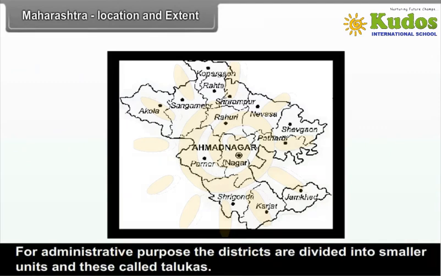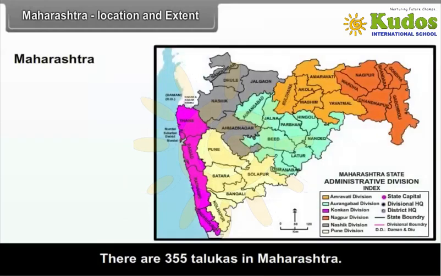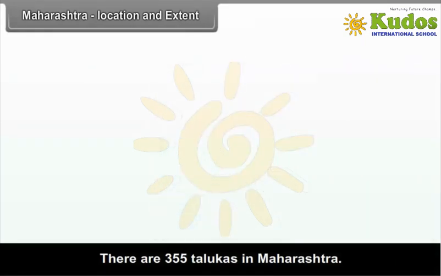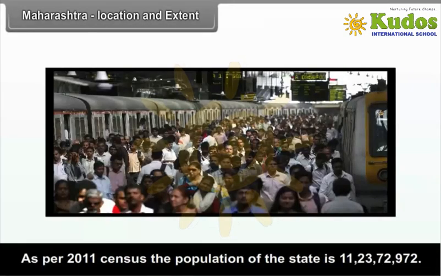For administrative purposes, the districts are divided into smaller units and these are called talukas. There are 355 talukas in Maharashtra. As per the 2011 census, the population of the state is 11 crores 23 lakhs 72,972.